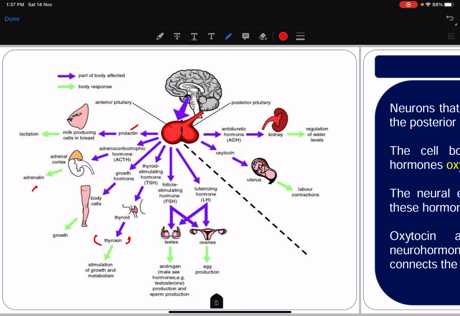FSH and LH travel to the gonads to cause their action. Only two hormones are secreted by the posterior pituitary, ADH and oxytocin. These two cause their effects: ADH in water balance, oxytocin in contractions.